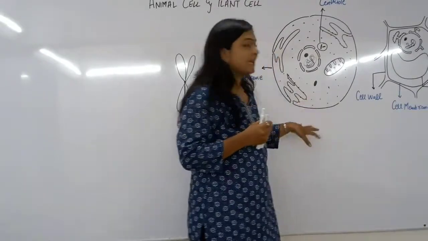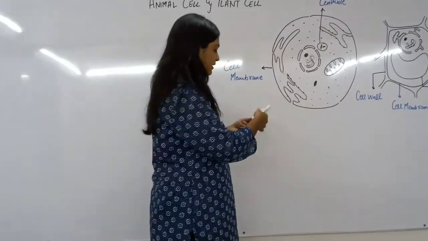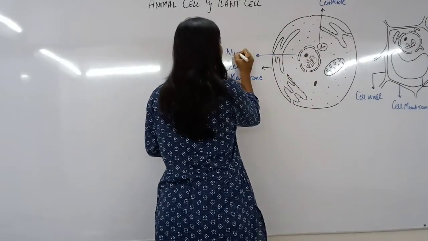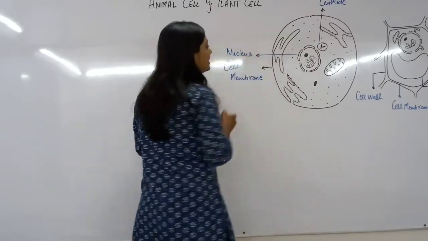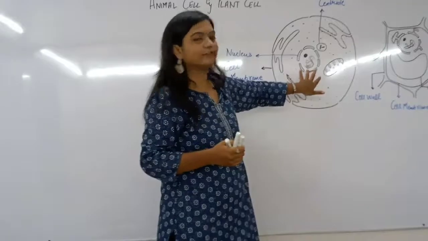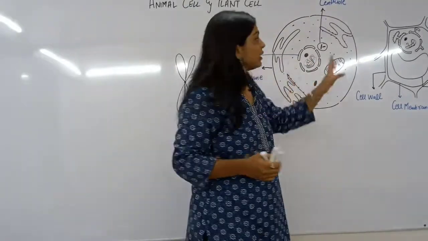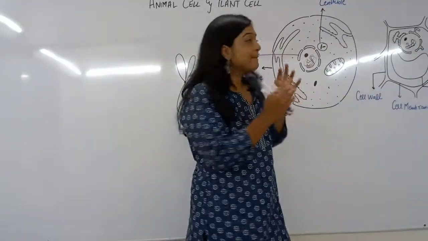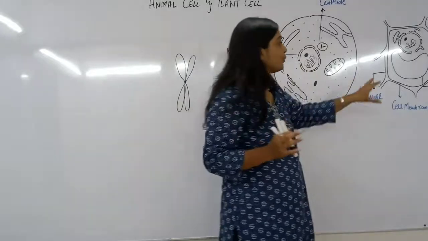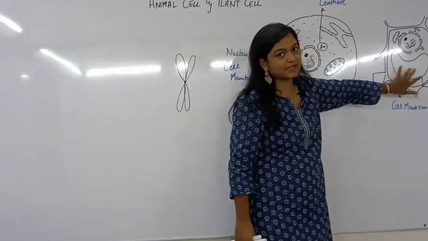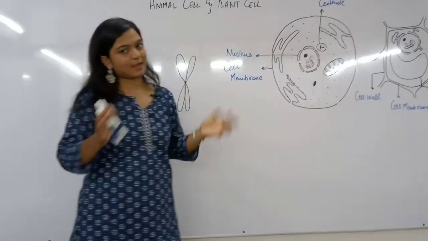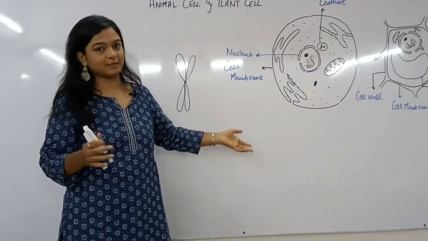If you see in an animal cell, your nucleus is in the center of the animal cell, while in the plant cell your nucleus is at the periphery. Why? Because the central position is occupied by the vacuole in a plant cell, and the central position is occupied by the nucleus in the absence of a vacuole in animal cells.